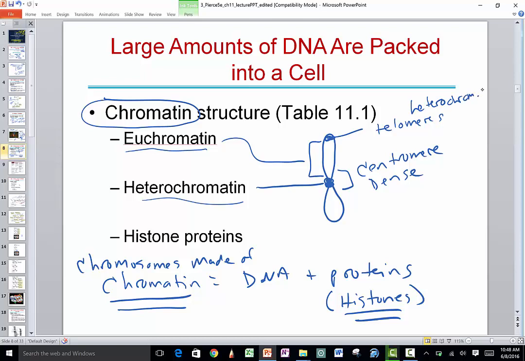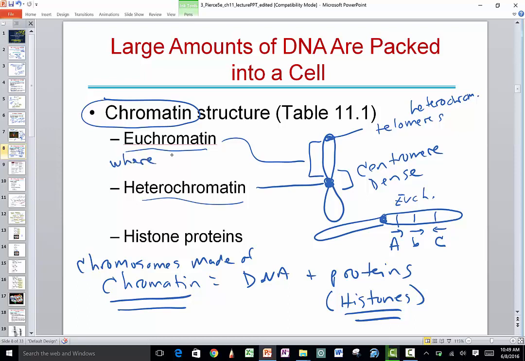So euchromatin is where all the genes are. If we do this sideways, we have some euchromatin. This is where your genes are going to be located, and they might be expressed. So this is where all your genetic loci are. Maybe you have an A gene, a little B, a big C. So the genes tend to be located in euchromatin.